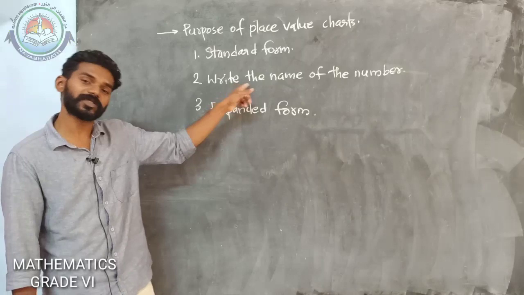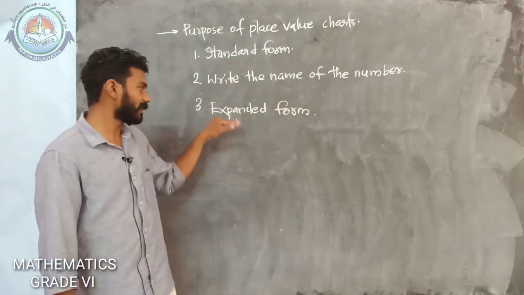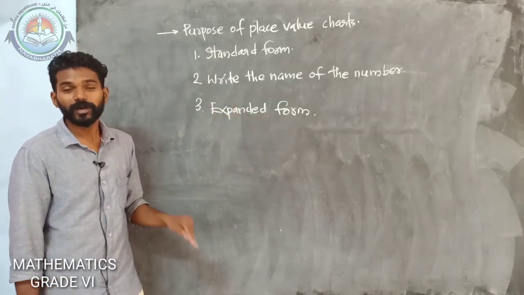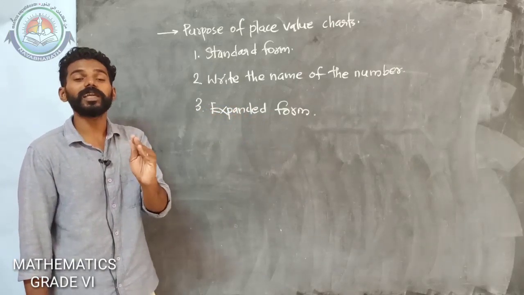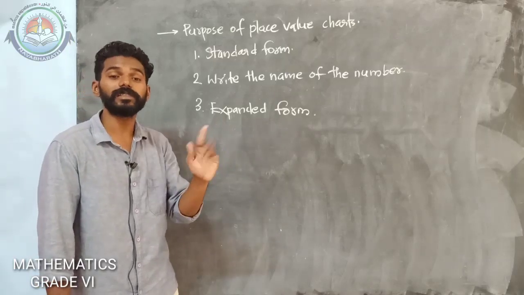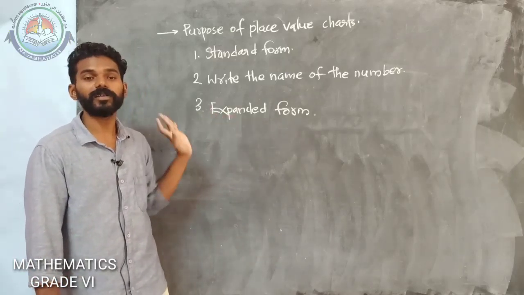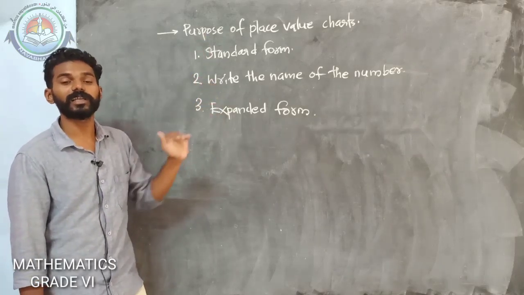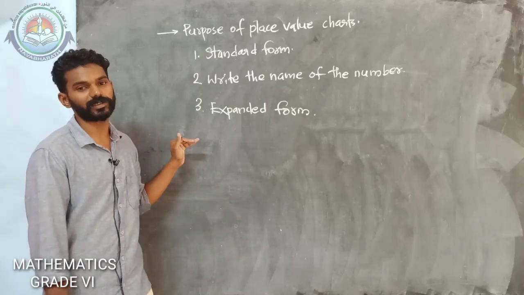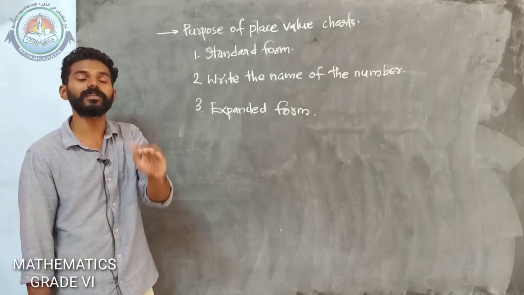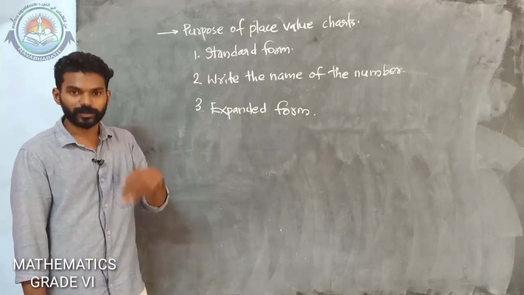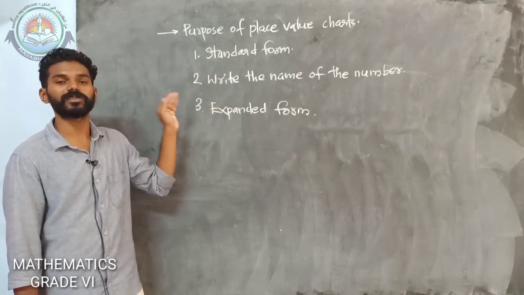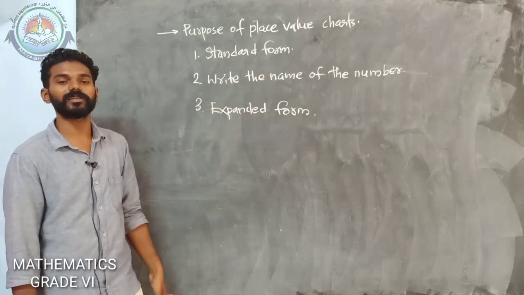The name would be expressed in words, whereas the number would be expressed in expanded form by considering the place values of each digit of the given number. So these are the three methods by which a number can be expressed according to different number systems. Here we consider the Indian and international number systems for expressing different numbers.